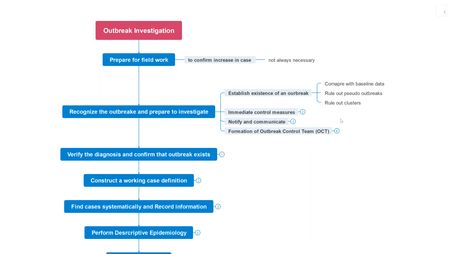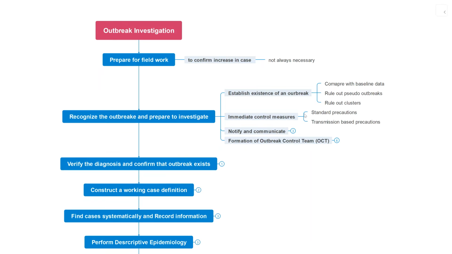Second, you start immediate control measures if you establish the existence of an outbreak. That is by using standard precautions and appropriate transmission-based precautions. That could be contact, aerosol or droplet precautions, whatever the disease may be.